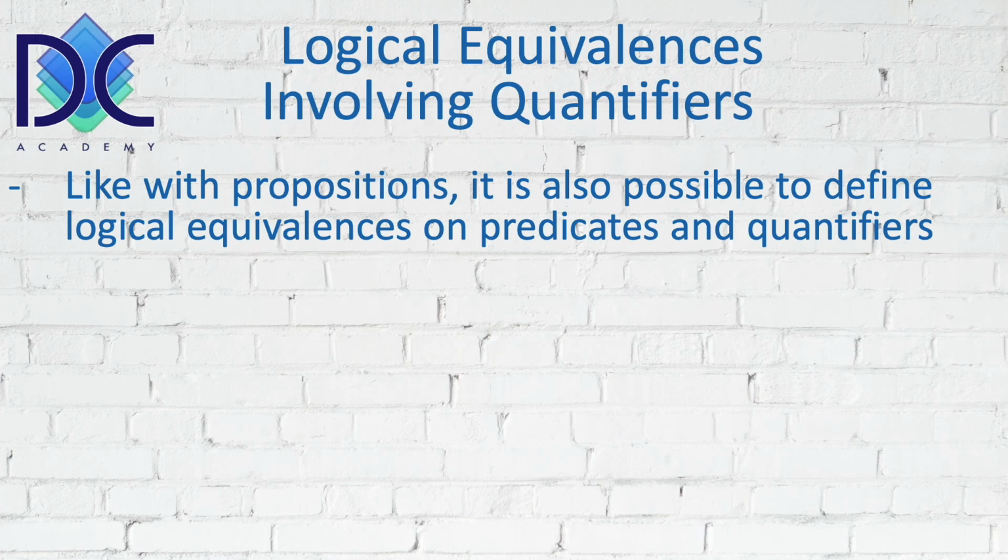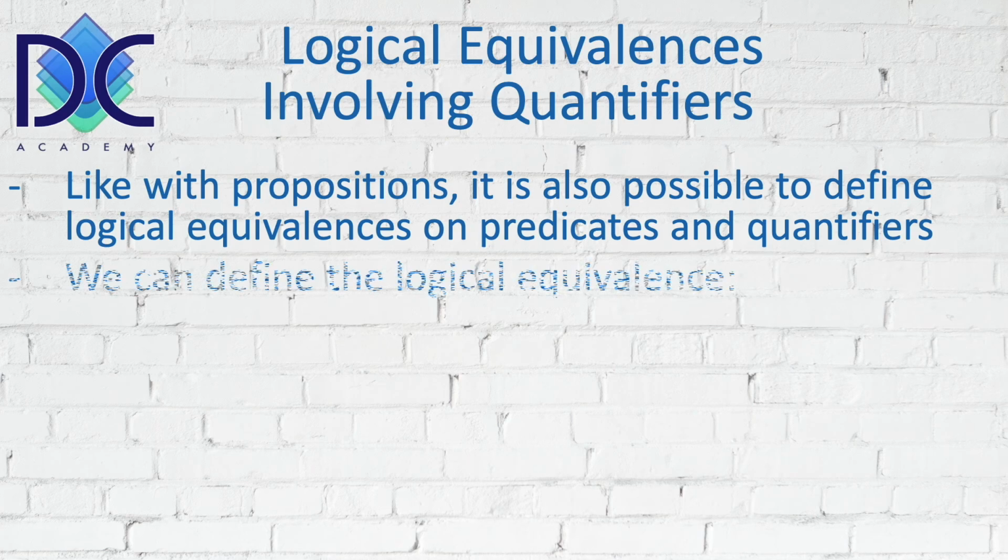So when the truth tables of those compound propositions are equal to each other, we said that we consider them to be equivalent.